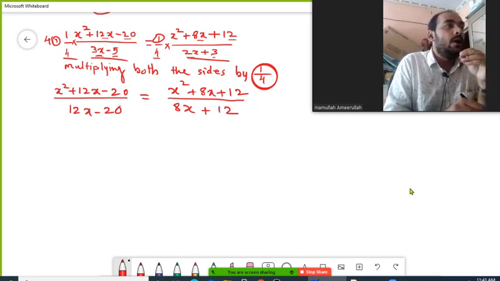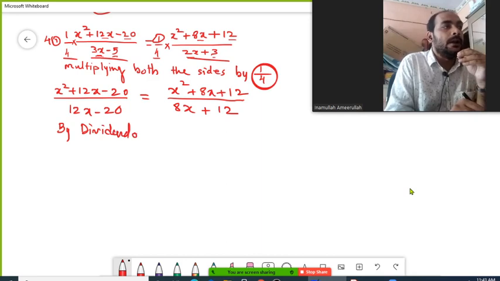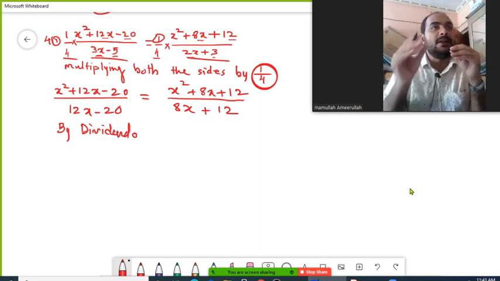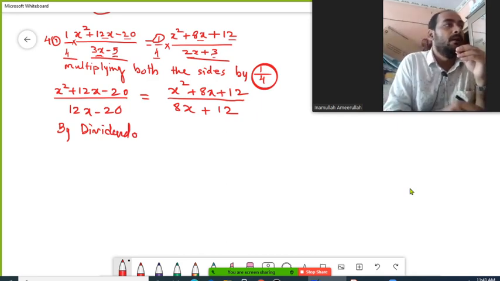Now I can do dividendo. In dividendo, we subtract the denominator from the numerator and keep the denominator the same. So same we are going to do. My numerator is x squared plus 12x minus 20. This is the numerator.